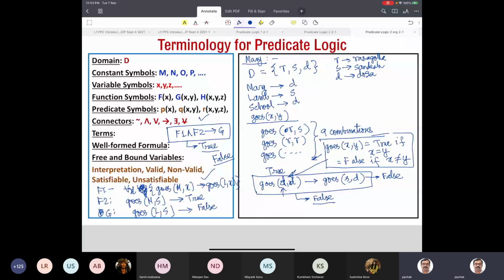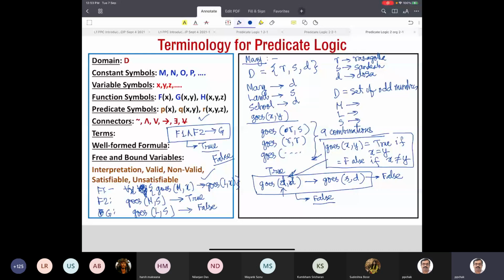And now you try any other mapping of Mary, Lamb, school to this domain. You try any other combination of defining the goes predicate. The formula F1 and F2 implies G will always be true. You try to define a different domain, call a new domain D equal to set of odd numbers, and then map M to somebody, L to somebody, school to somebody, define a new goes function.